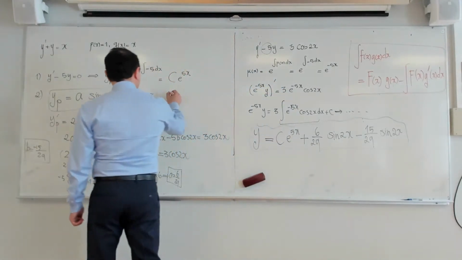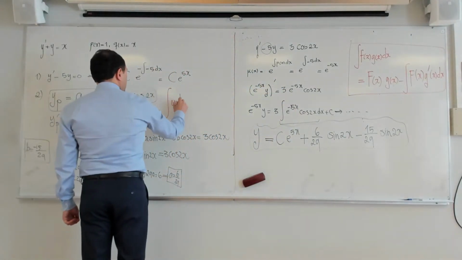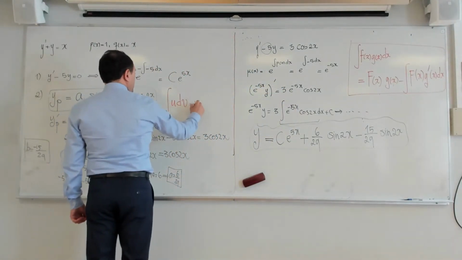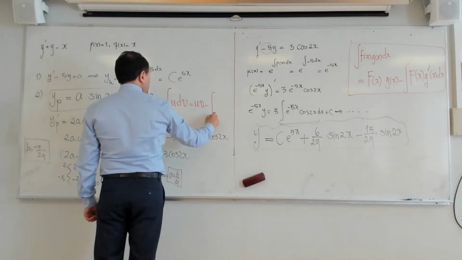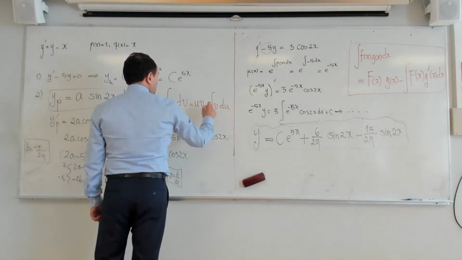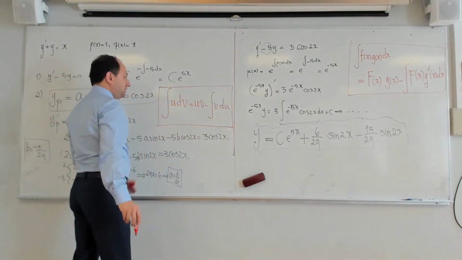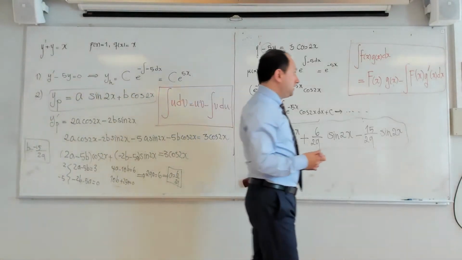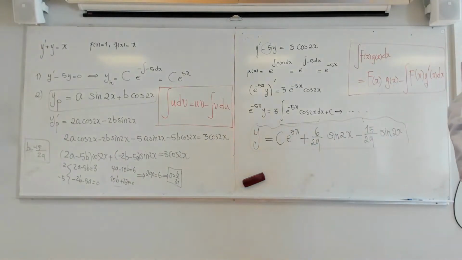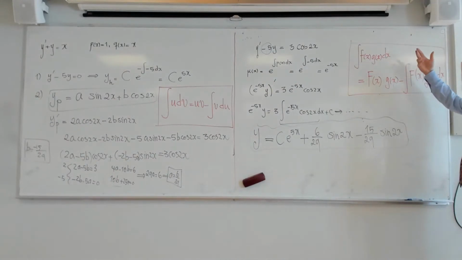For integration by parts, you see that it is called u dv is equal to uv minus integral v du. So if you just type on the web, this is what you get, okay? That's essentially the same thing. But at this level, I prefer to use this one because the question is more natural.